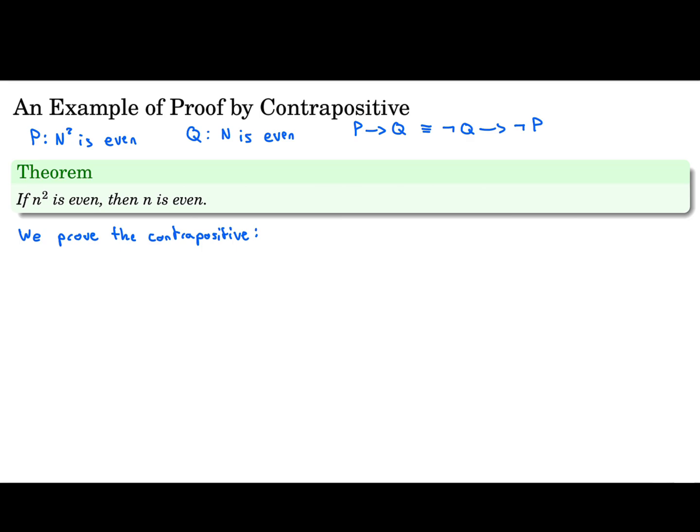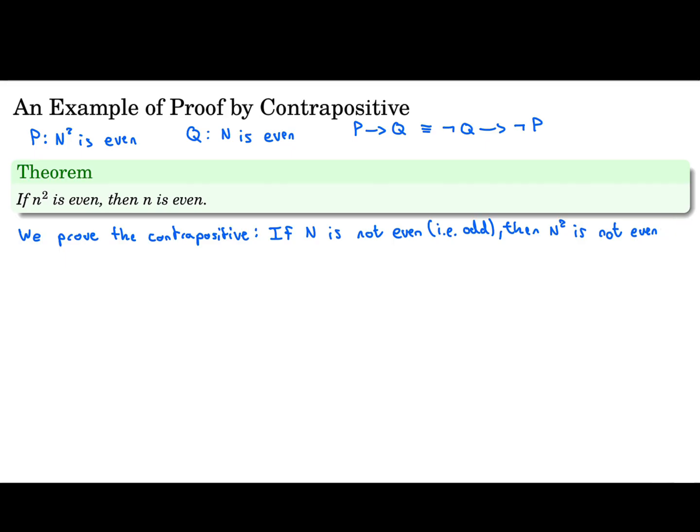So then the contrapositive, if I write this in terms of how I wrote the theorem, so not Q, it means that if n is not even, which means that it's odd, then n squared is not even also, which means that it's odd.